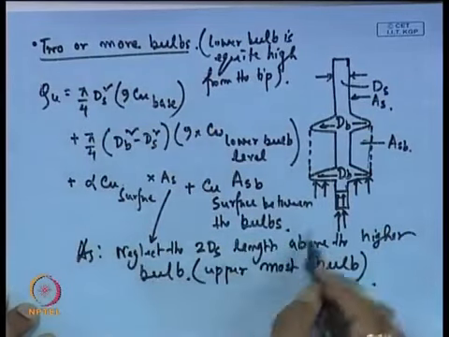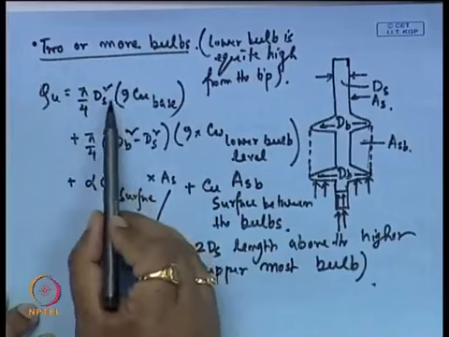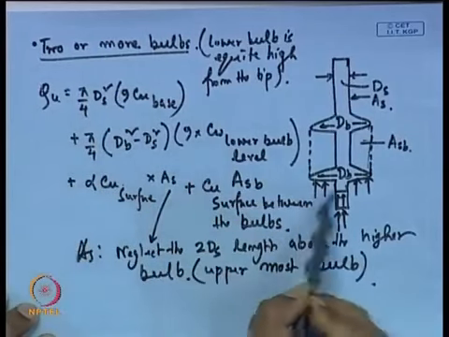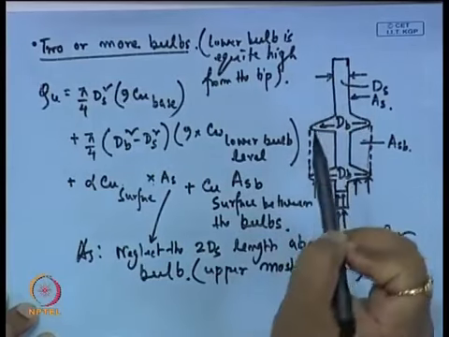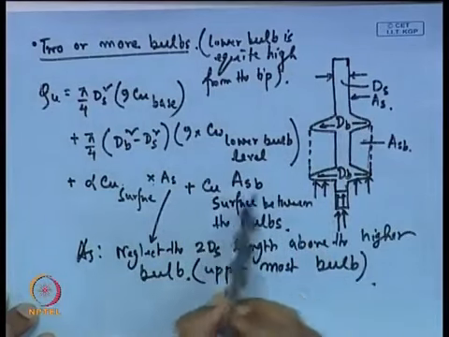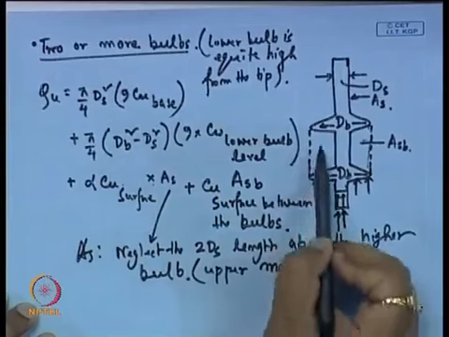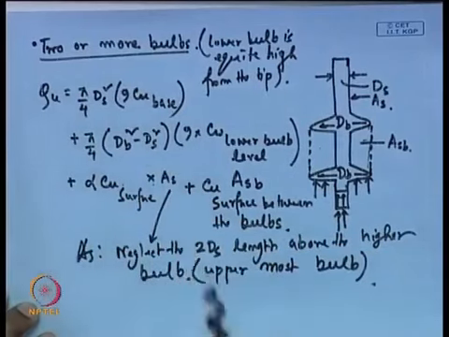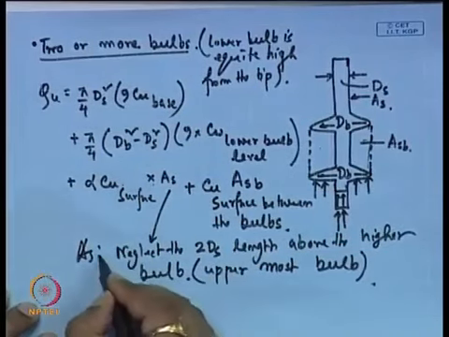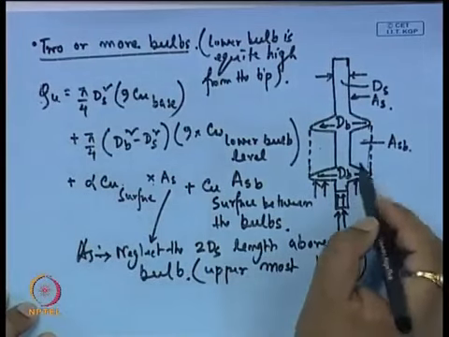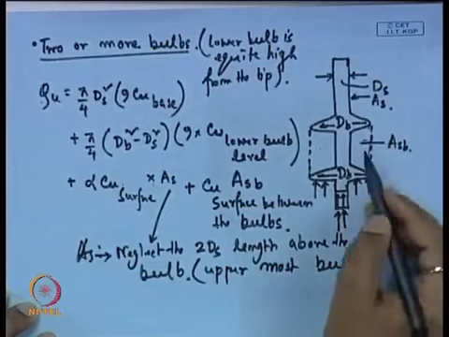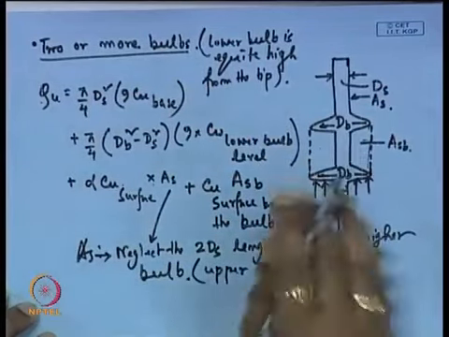So, this is the total of 4 parts: one is from the tip, one is from the enlarged base resistance, one is the shaft resistance above the uppermost bulb, and another is the shaft resistance between the two bulbs. These 4 parts we get when we calculate the ultimate load carrying capacity of the underream pile for 2 or more bulbs in this type of arrangement.